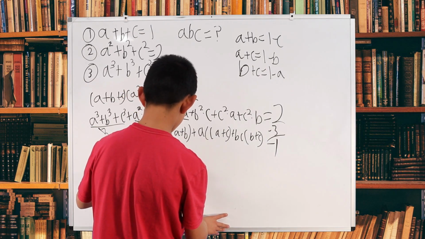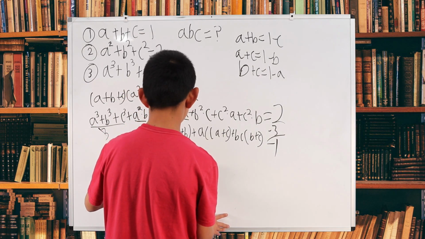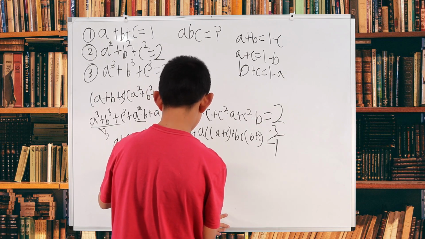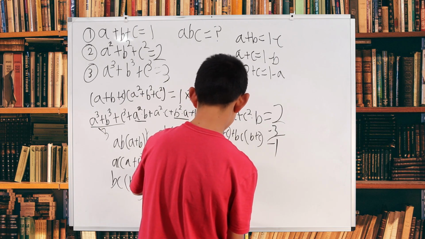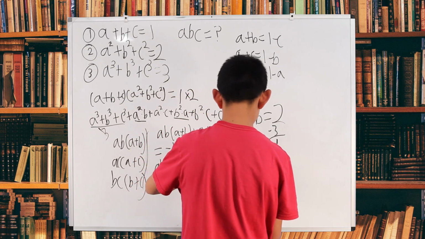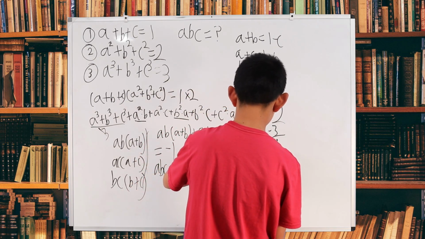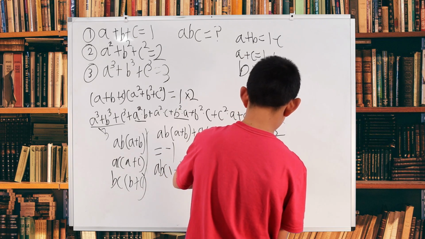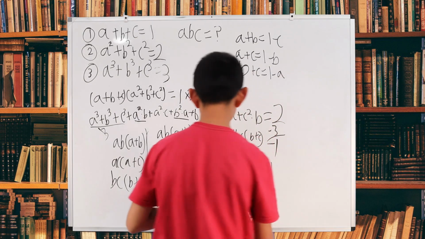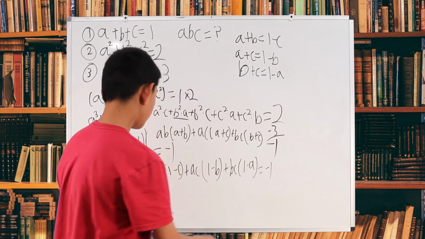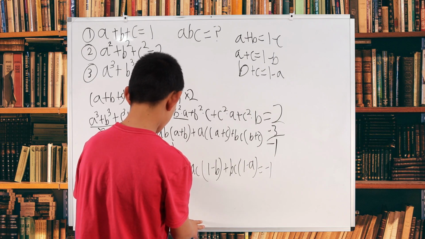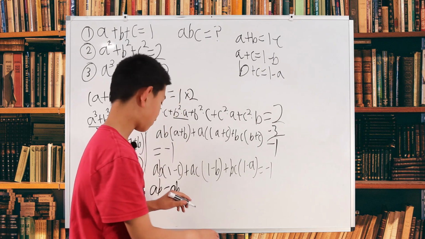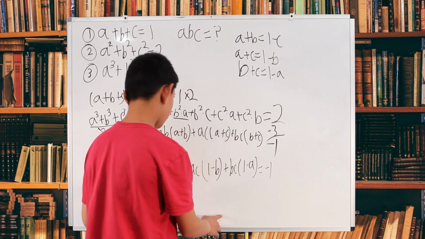So ab times (1 minus c) plus ac times (1 minus b) plus bc times (1 minus a) is equal to negative 1. Now we can just solve. So right here we have ab minus abc, and see, we found the abc, but it's still not over yet.